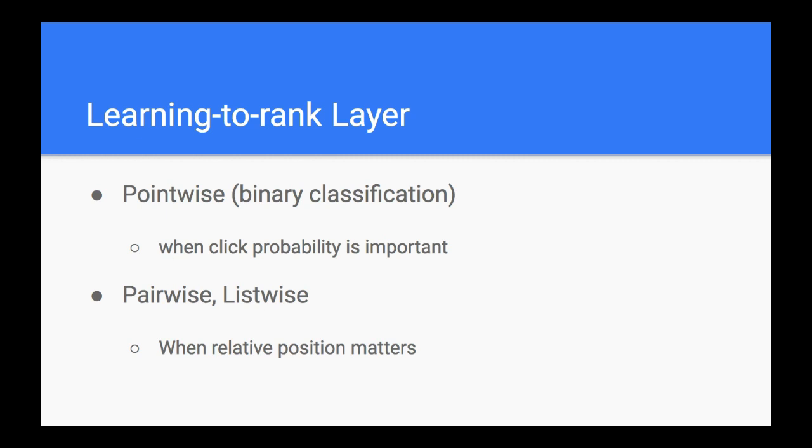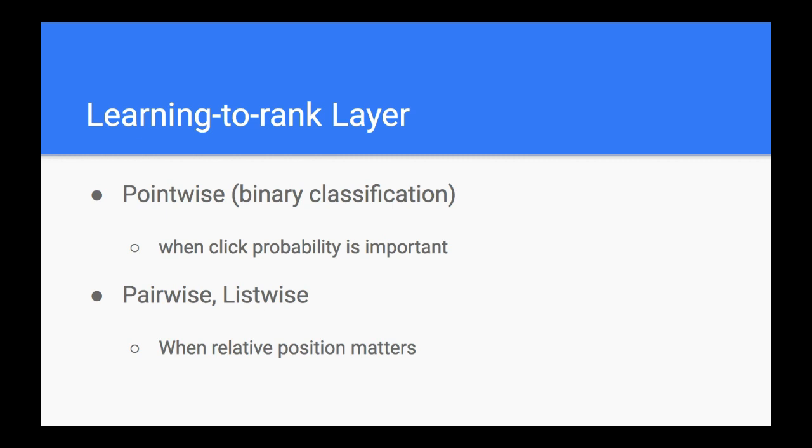Basically, it's a loss function, a binary classification loss. If a document is clicked, you will have a lot of document candidates, maybe 10, and only 2 of them got clicked. Then the 2 that got clicked are true in binary classification terms, and the rest are false. So basically, in this case, you have 10 binary classifications.